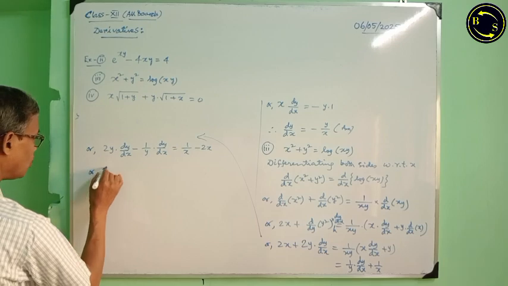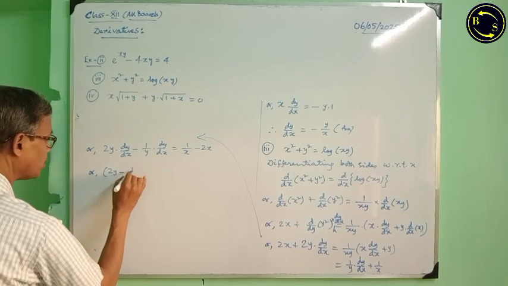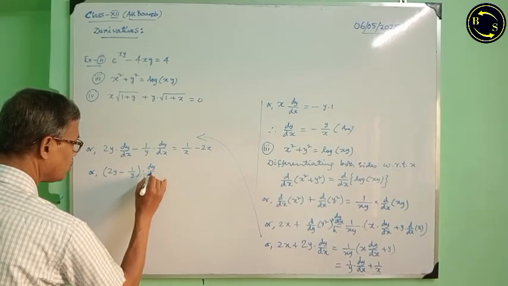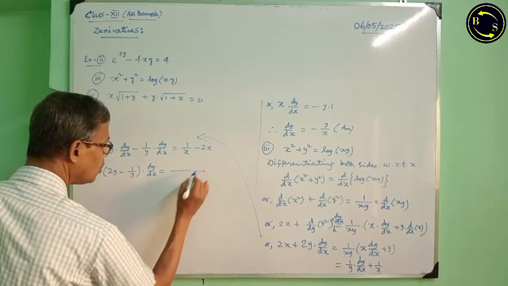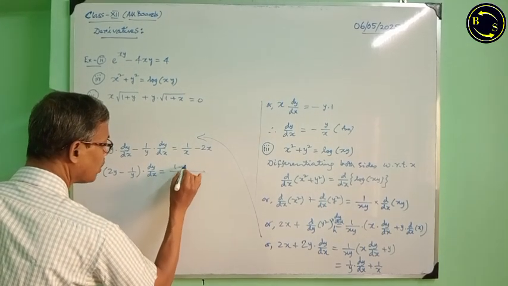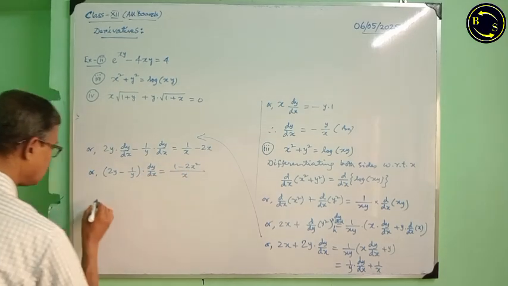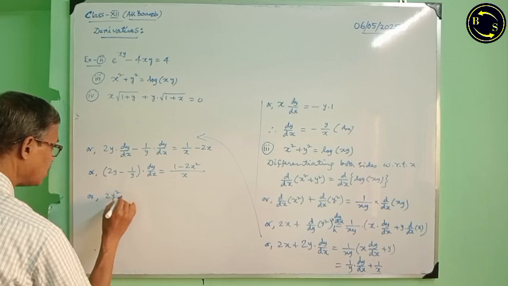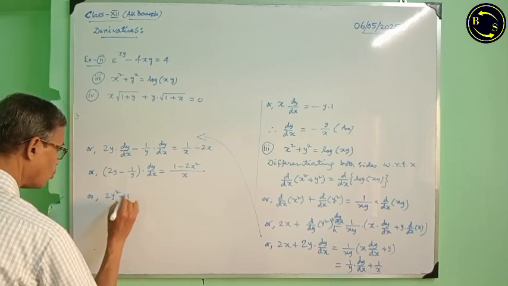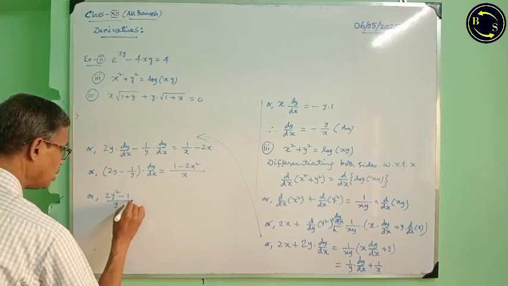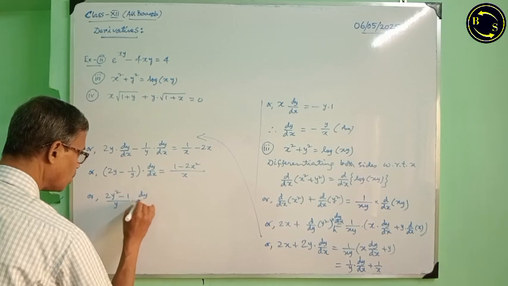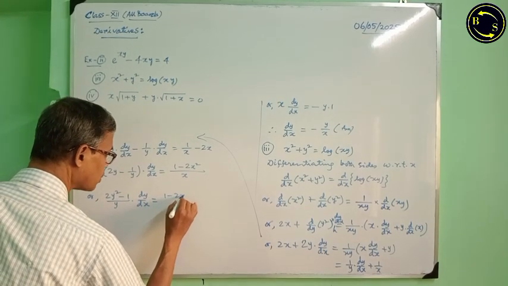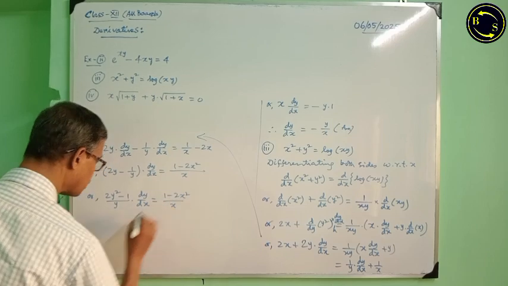Or 2y minus 1 by y dy/dx is equal to (1 minus 2x square) by x, or (2y square minus 1) by y into dy/dx is equal to (1 minus 2x square) by x.